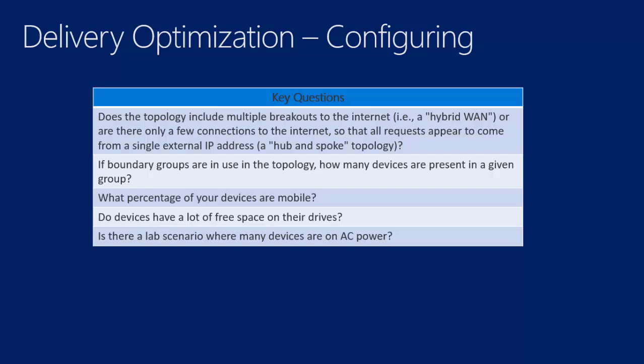You could configure things so that even remote workers at home are participating in delivery optimization, have a group ID, etc. You don't want to do that because there's absolutely no advantage to having these devices participate with each other in delivery optimization in terms of peer-to-peer, right?